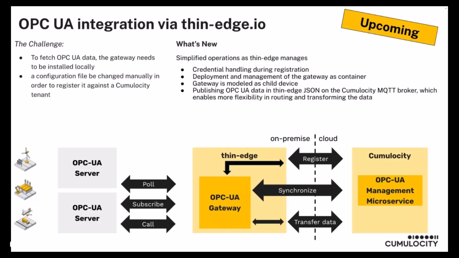Also, by managing it as a container, that simplifies the deployment of the OPC-UA gateway, as well as updating it. And the next benefit is that data pushed by the OPC-UA gateway can now be pushed via the ThinEdge JSON data format to the MQTT service, which also significantly enhances the flexibility when it comes to transforming and decoding the data.